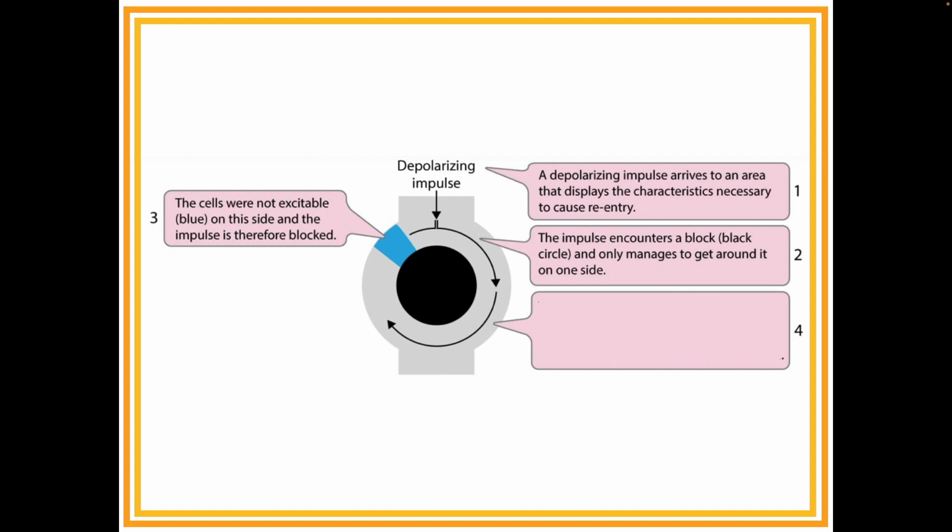Okay? Now what happens is that the impulse comes down this side, and some of it keeps going. There should be arrows kind of going down, but it's going to get here and it's going to go, wow, undepolarized area. This area hasn't been depolarized because of the block. So it's going to go back around like this, okay?